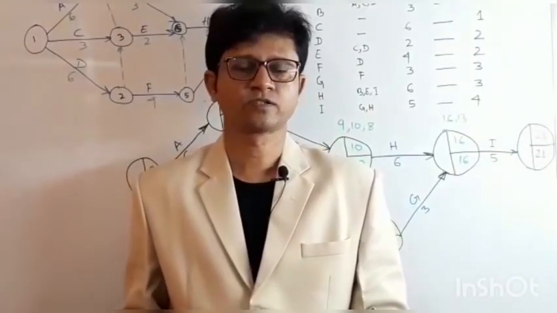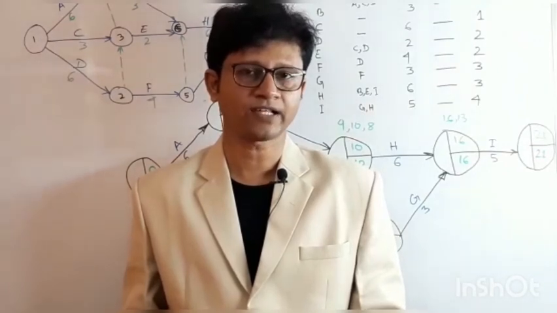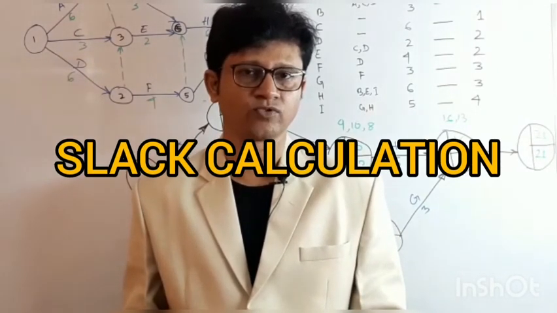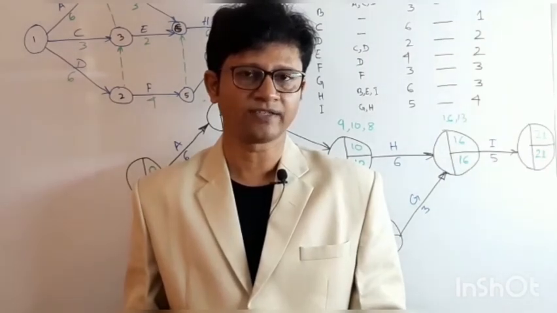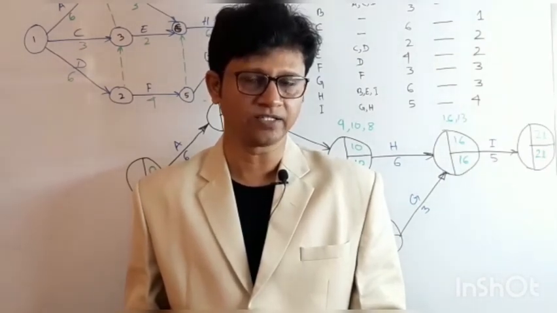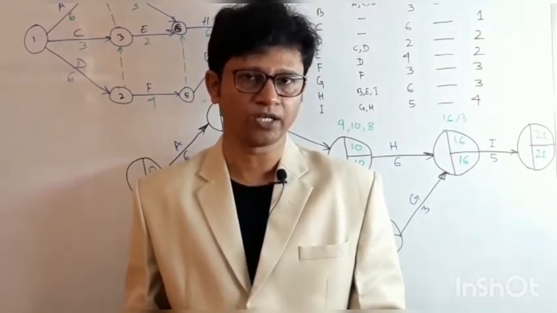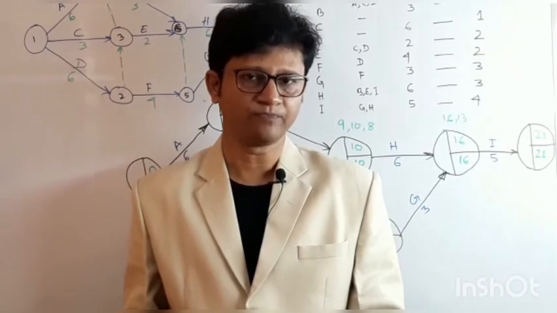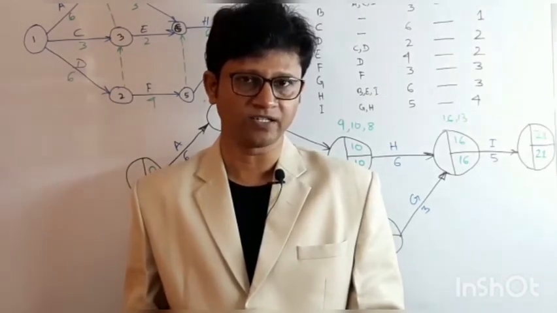So we have reached the concluding part of this session. Now we have to calculate the slack. Actually slack is nothing but the LET minus EET, that is the late event time minus the early event time, and the activity that has 0 slack is a critical activity, and the path following the activities with 0 slack is the critical path.